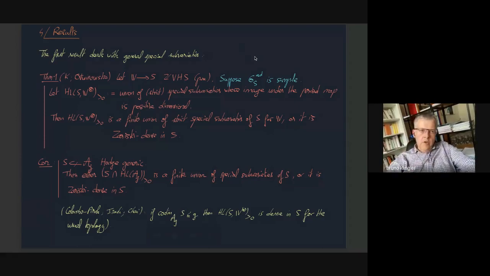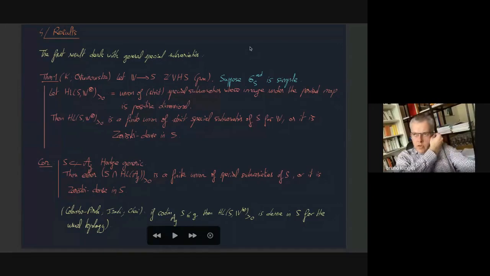And now, if I look at the Hodge locus, as I said, this is a union of special subvarieties. And of course, the most difficult pieces to understand are the points, which are isolated. And so I will rather consider only what I call the Hodge locus of positive period dimension.